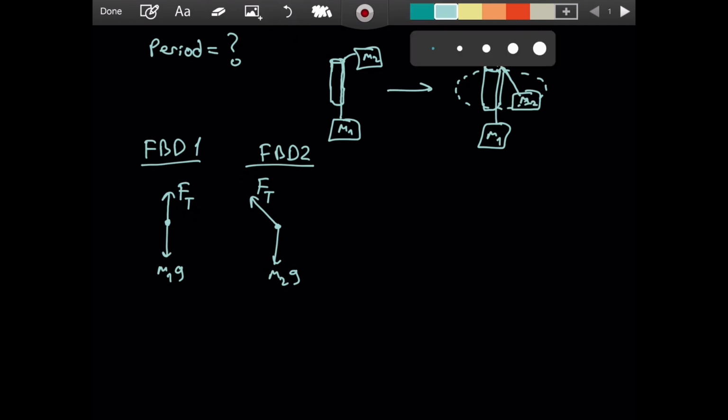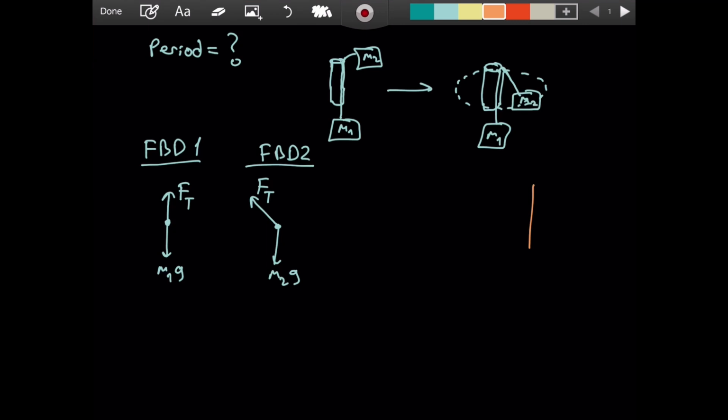Now, I want to define an angle, and the angle is going to be here. This is angle theta. That is the angle that the rope makes with the horizontal. If we were to look at this setup from the side, we can imagine the rod as a very tiny rod, and in fact, it is most of the time.